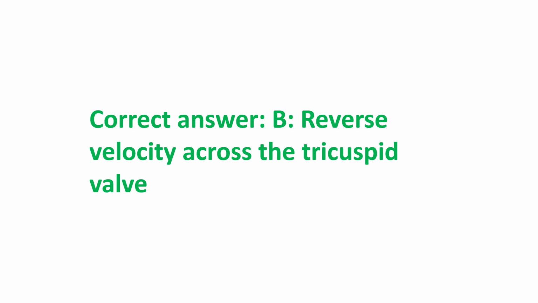Reverse velocity across the tricuspid valve is that due to tricuspid regurgitation. Bernoulli equation P equals 4V squared gives the gradient of tricuspid regurgitation flow, which corresponds to the pressure difference between right ventricle and right atrium in systole.